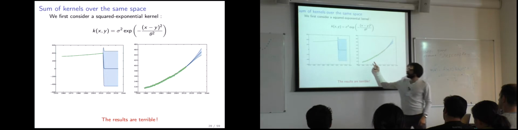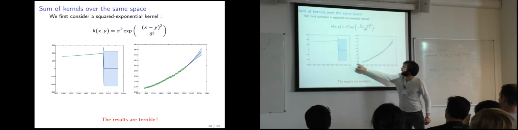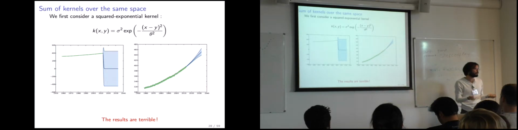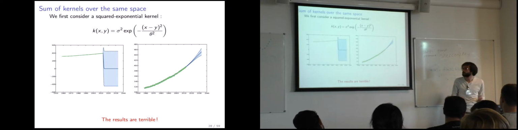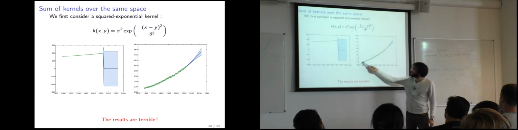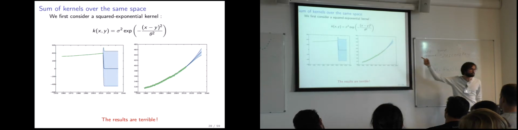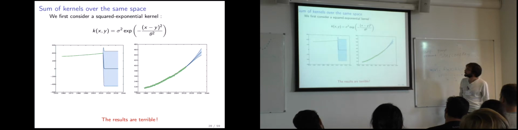The other choice we can make for the parameter, especially the length scale, is to say, okay, I have this trend that corresponds to low frequency variations. I'm going to pick a very large length scale to take this trend into account. And now the mean is quite all right in this picture. We recover more or less what we would expect.